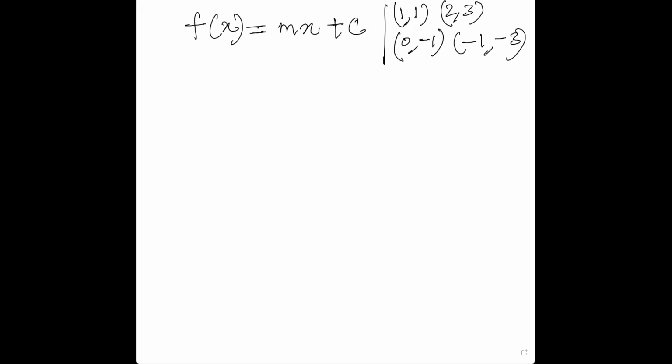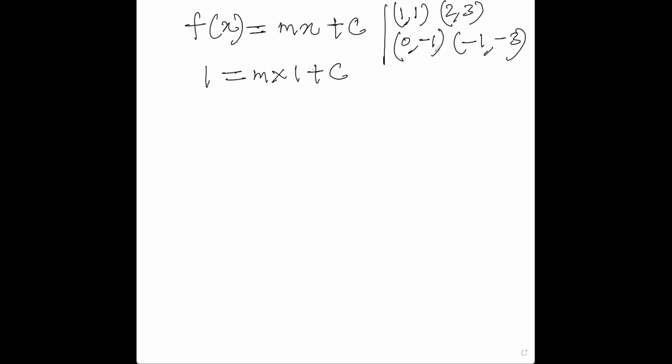We have to find m, sir. M and c. So if you put x as 1, f(1) will be 1. 1 is equal to m into 1 plus c. Am I correct? Did you understand this? Yes, sir. That's how you can solve.